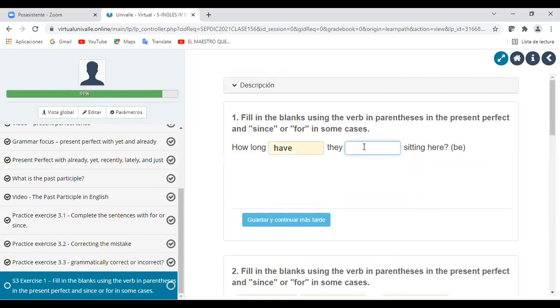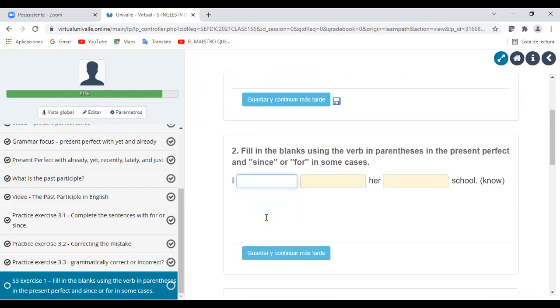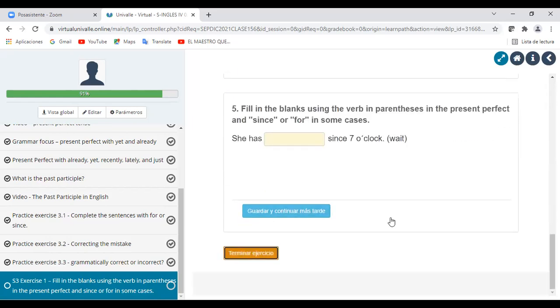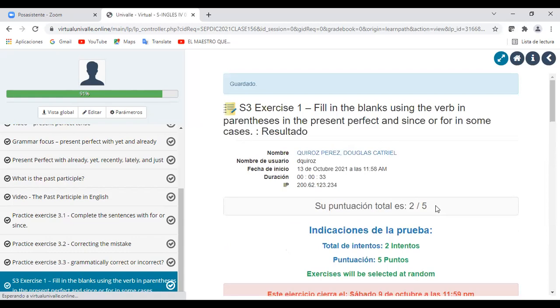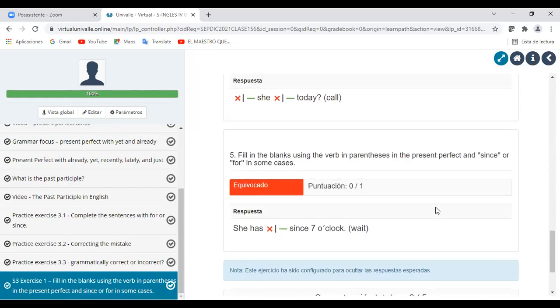How long have they been sitting here? Also, I have known her since school. Okay, and the other ones you need to do by yourself, okay? Because this is evaluative and means that you need to do it by yourself, okay?